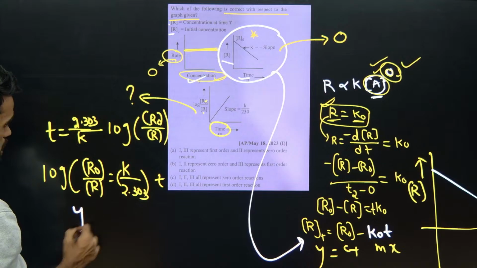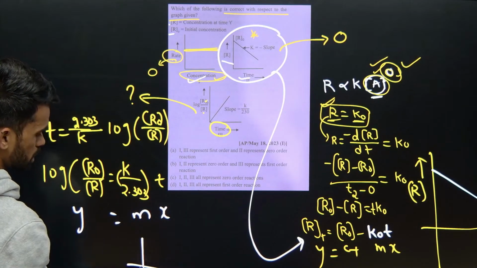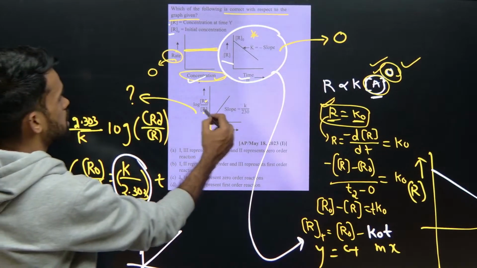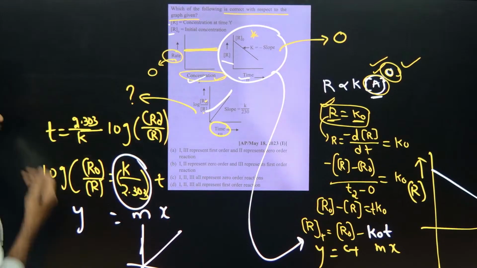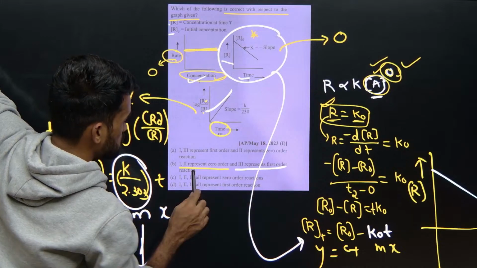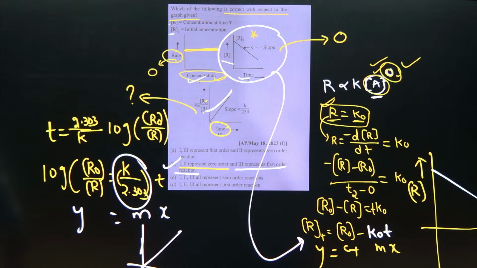So this is a y equals mx type graph, which means the slope will be k by 2.303. Yes, this is correct for first order. So 1 and 2 represent 0 order, whereas 3 represents first order. So option B will be the perfect answer for this particular question.